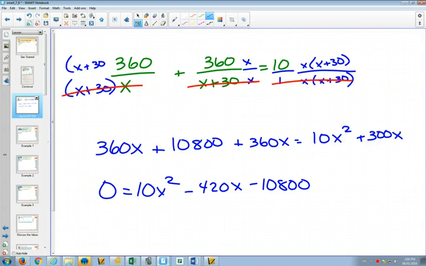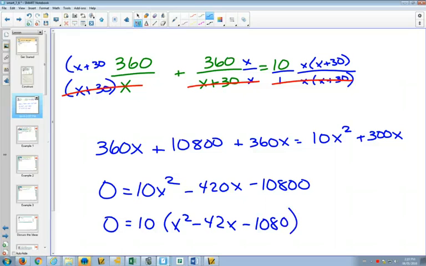Can you see anything that you can factor out? You can factor out a 10. That'll make it a little bit easier. x squared minus 42x minus 1,080. And now the factoring gets a little bit tricky.